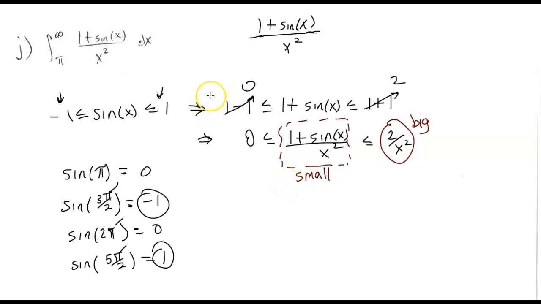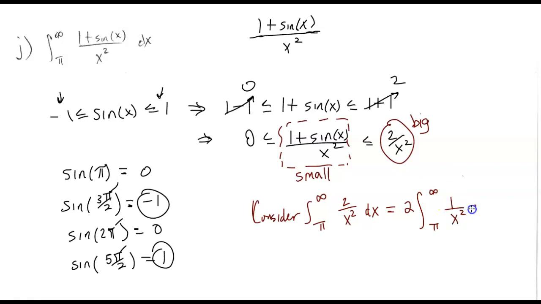Because of that, if we consider the integral from pi to infinity of 2 over x squared dx, which could also be rewritten this way, the important thing we want to know is, does this integral actually converge or not?